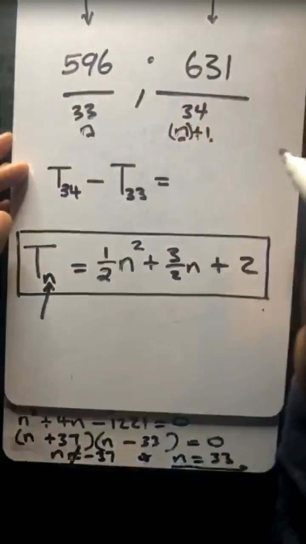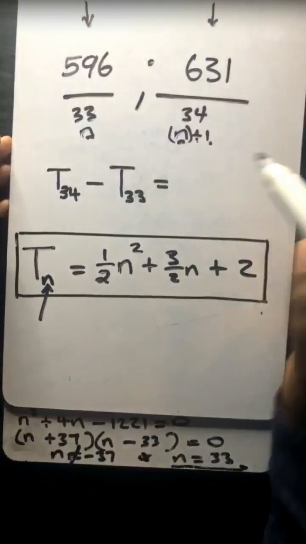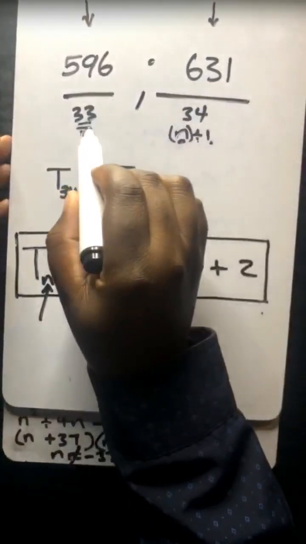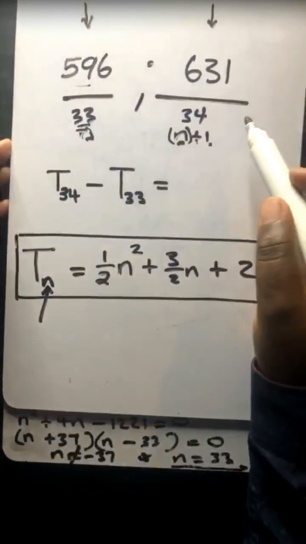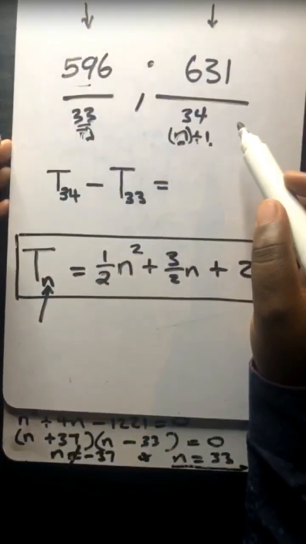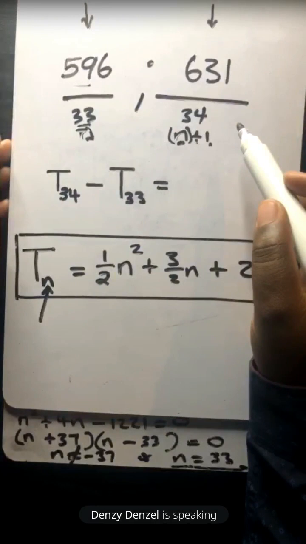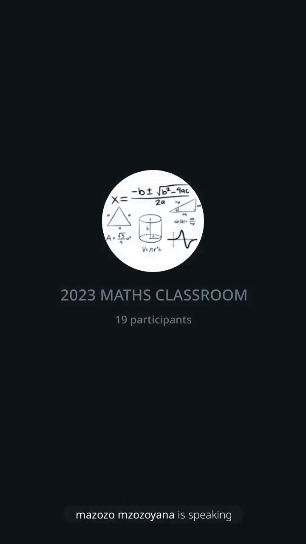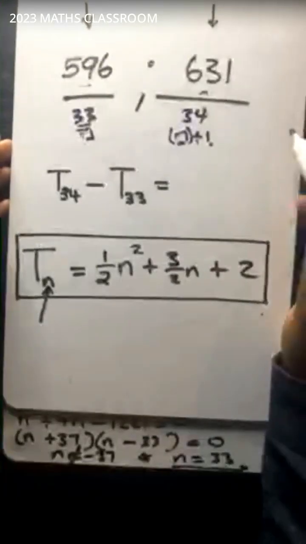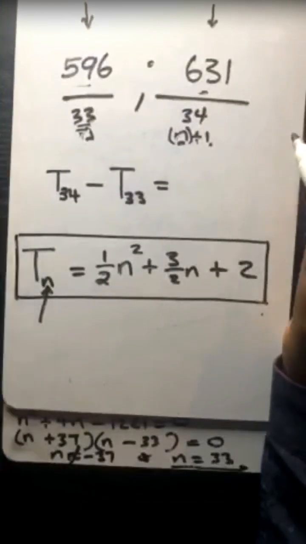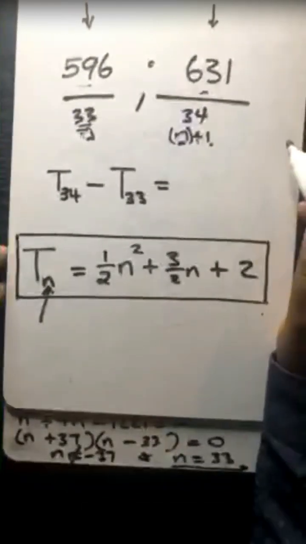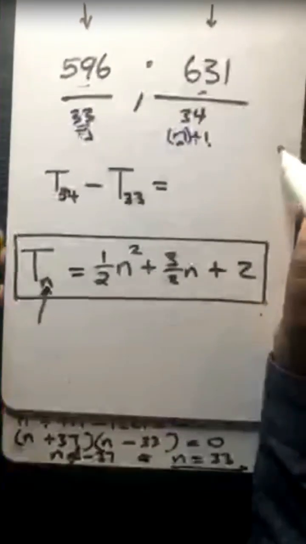631. Guys, do you guys agree that in stand number 33 we are having this number of people? Yes, that is right. And then this one is also correct. Okay, then in that case, it means we can now answer the question.